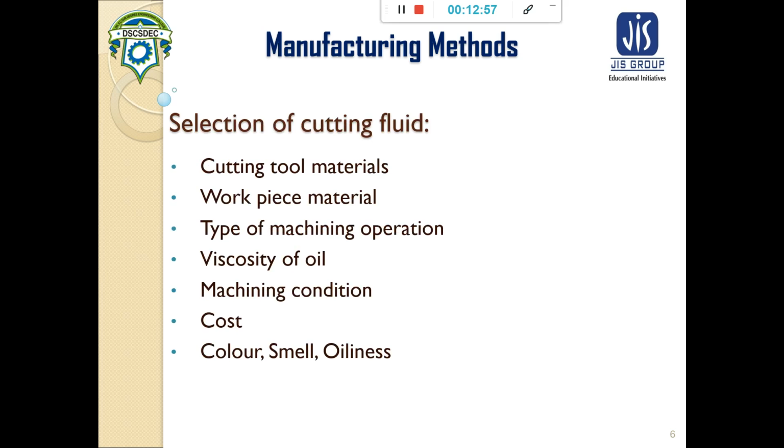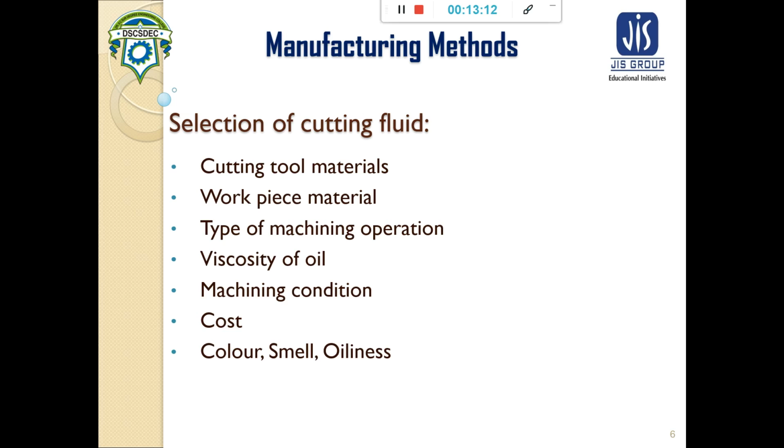Now we will see the selection of the cutting fluid. Cutting fluid is selected on the basis of cutting tool material first. Cutting tool material means the material we are using for cutting.